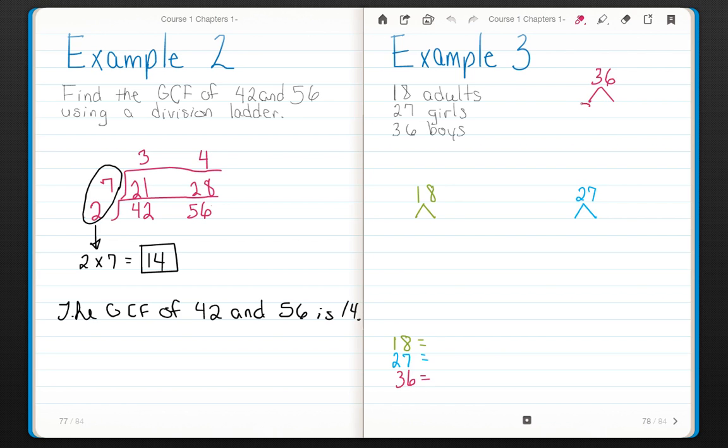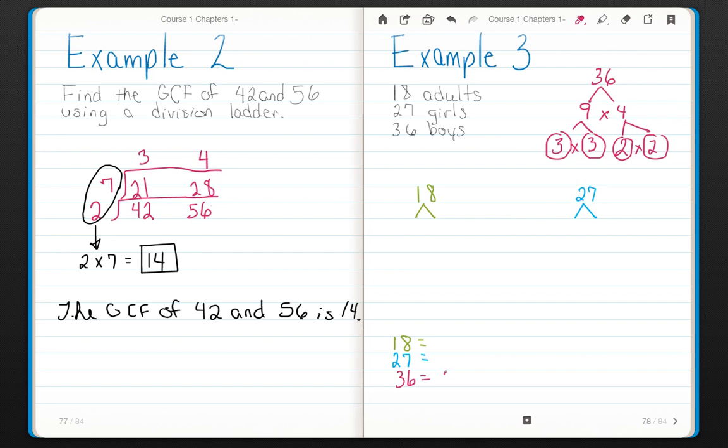So 36 is 9 times 4. Neither of those are prime. So we have 3 times 3, which are both prime, and 2 times 2, which are both prime.